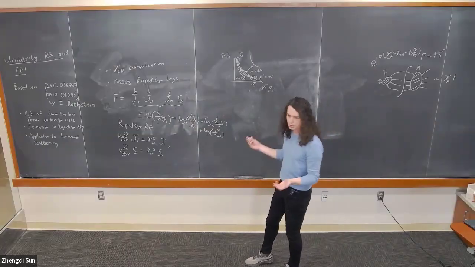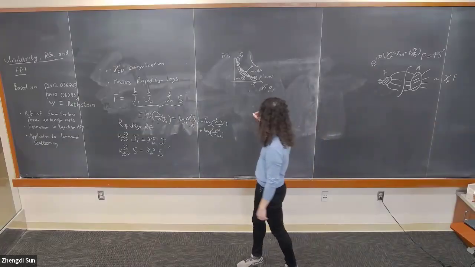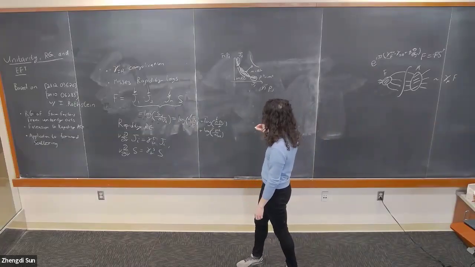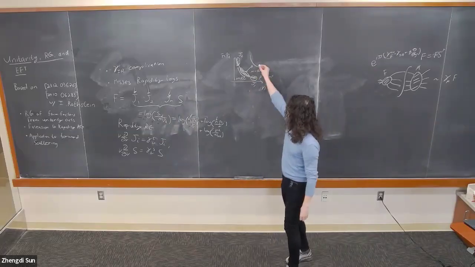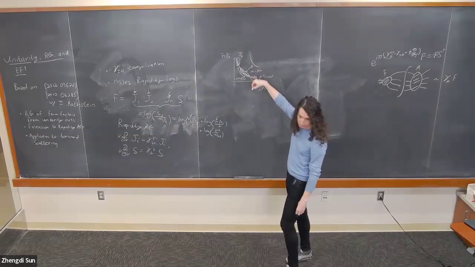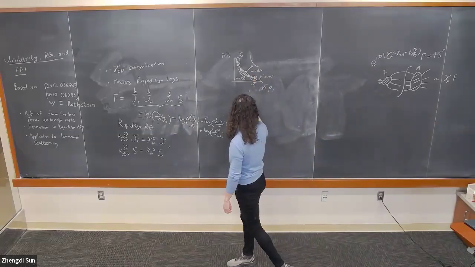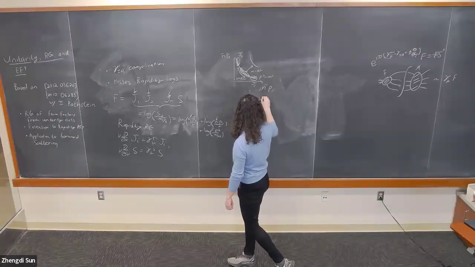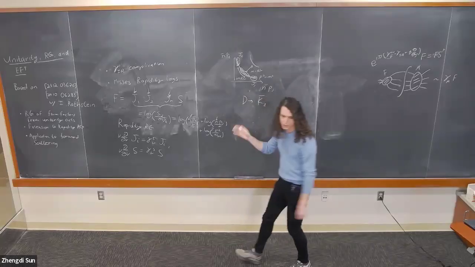So the trick is to do something very similar, but now since instead of doing scale transformations, we're doing rapidity flow, we replace this dilatation operator with a Lorentz boost in roughly the z direction.